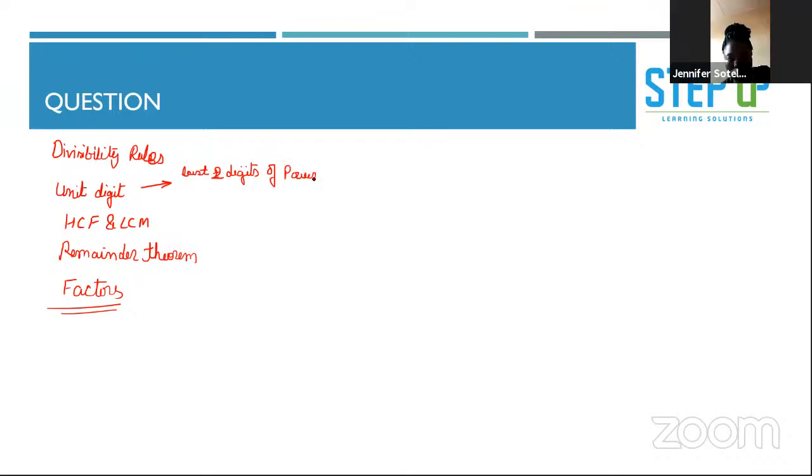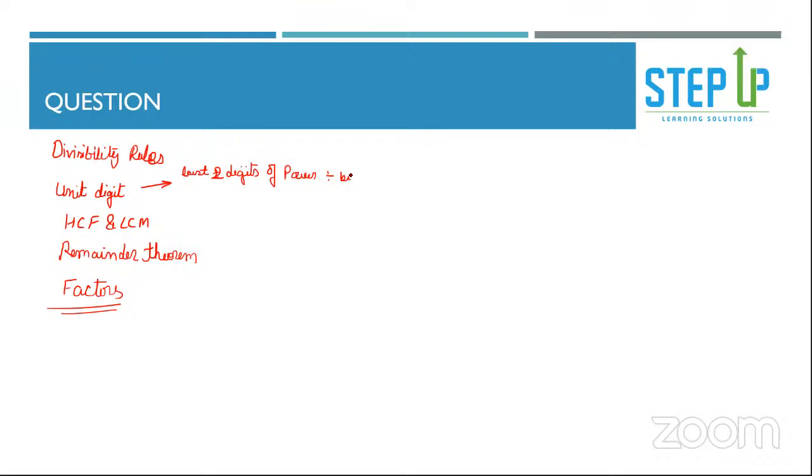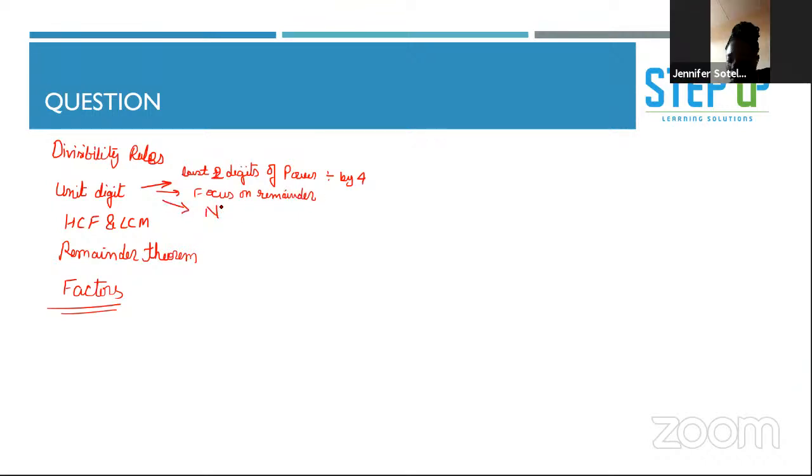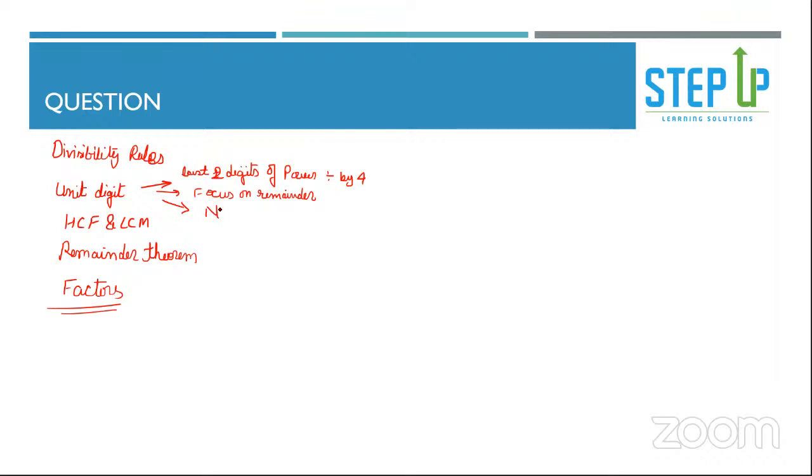Then we focus on the remainder. The third step: if n is the unit digit of the given number and r is the remainder, n to the power r will be the answer. If the remainder is 0, then we will make it as 4. That also we have discussed.